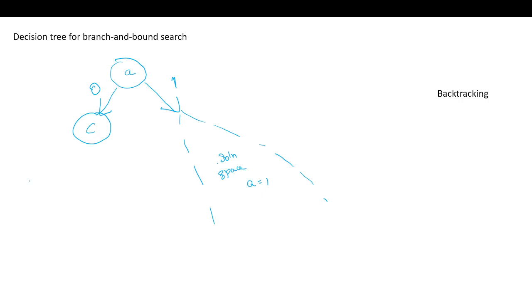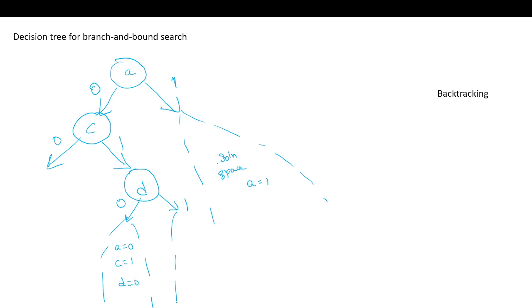Similarly, this can go to C. Say C can also have both 0 and 1, and D goes to 0 and 1. Now this gives a solution space where A is 0, C is 1, D is 0.